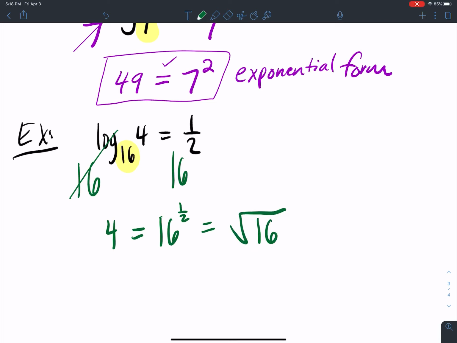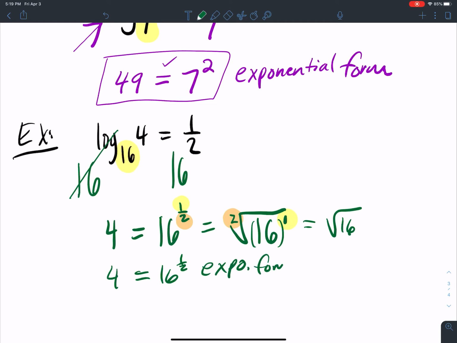Why do we know it's a square root? Well, the rider and the horsey. The rider goes on top, the rider goes in the house. The horsey goes underneath, so the rider's on top of the horsey, but then the horsey goes out in the barn, so outside the house. So this is the square root of 16, which we know equals 4. So we can leave it in this form here, 4 equals 16 to the 1/2. That's exponential form. That's what we're looking for.